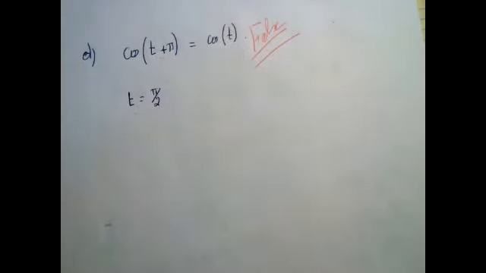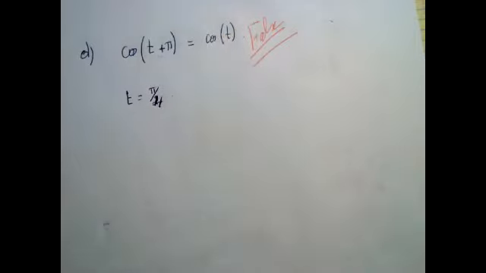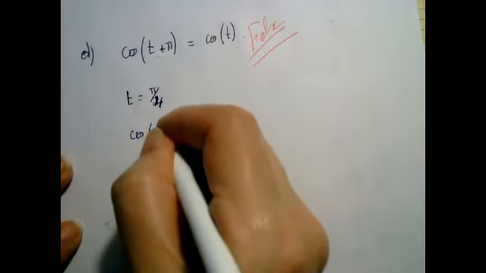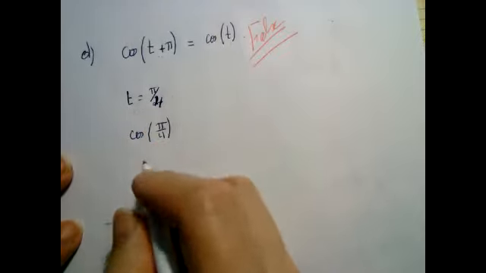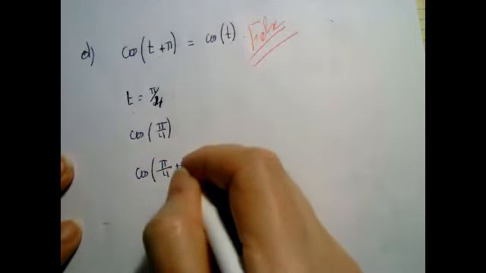Okay, does Jacob's example work? Oh, I meant pi over 4. All right, that's better. Okay, t equal pi over 4. Let's see if this example works. All right, what's the cosine of t? And what's the cosine of pi over 4 plus pi?